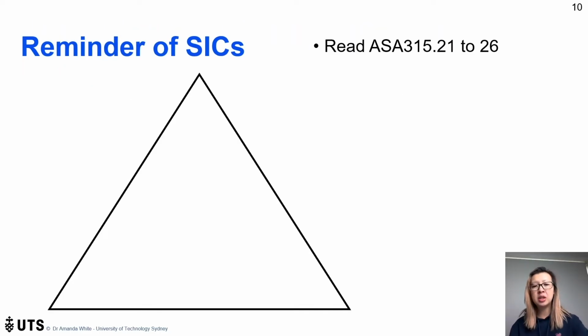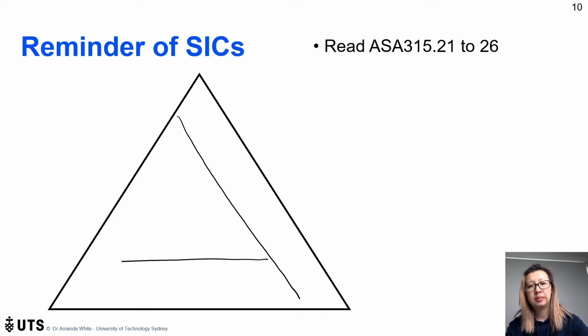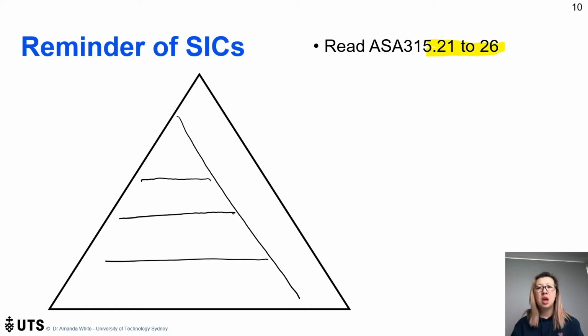So a reminder of our systems of internal control components, and I suggest that you go back. So in terms of the reading for this topic, I want you to go through and read in detail paragraphs 21 to 26 of ASA 315 because that gives you lots of detail of what is covered in the systems of internal control.